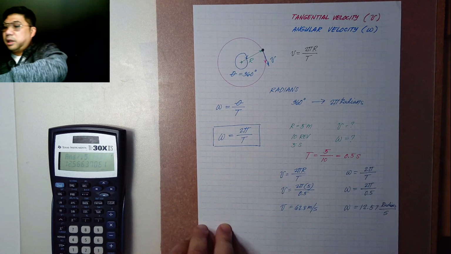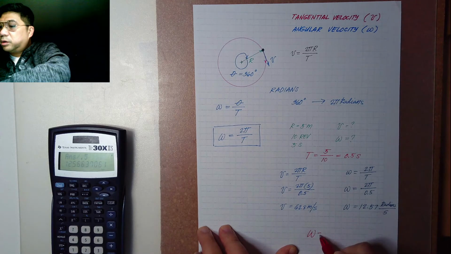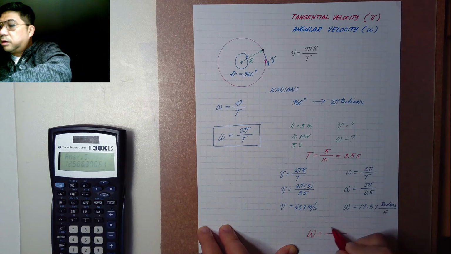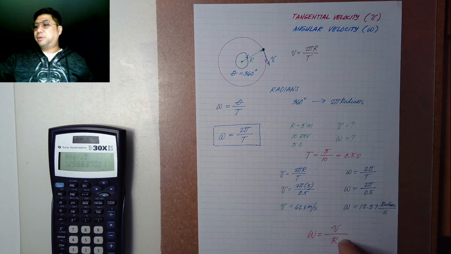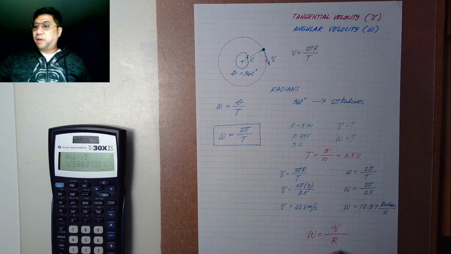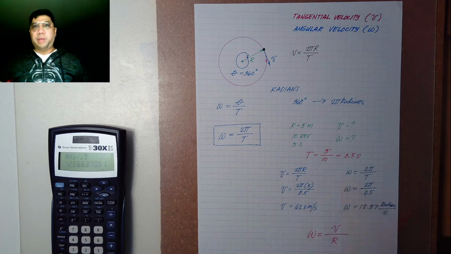Another way is to use omega if you know the tangential velocity, v. All you have to do is divide it by our radius r. So all you have to do is divide the velocity by r, and that will give us the omega.